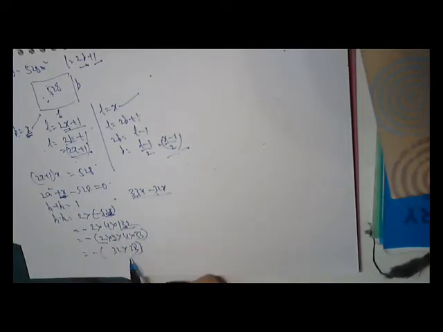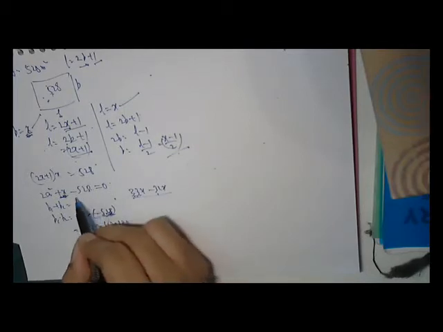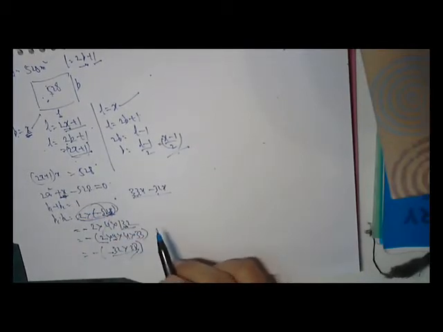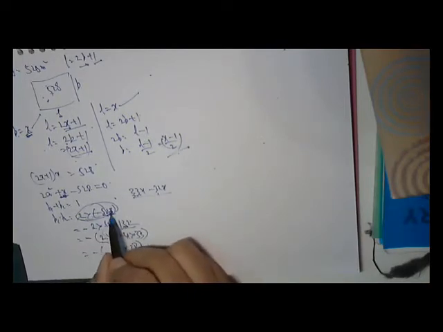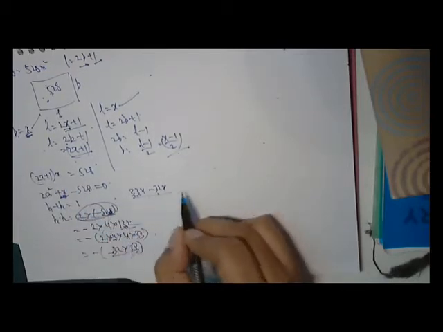When I multiply 33 into minus 32, it is coming to a into c, that is 2 into 528.